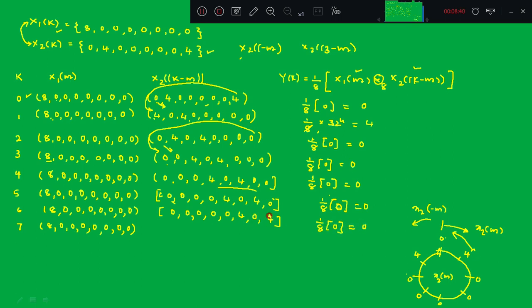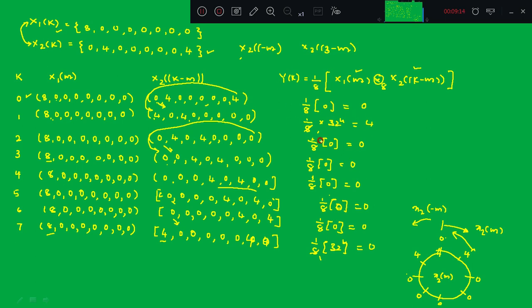Next, the last shift, k equal to 7: this 4 comes in the first place, then 0, 0, 0, 0, then this 4 comes here, and this 0 comes here. Now 8 into 4 is 32, and the remaining terms are 0, so 1 by 8 times 32 is 4.